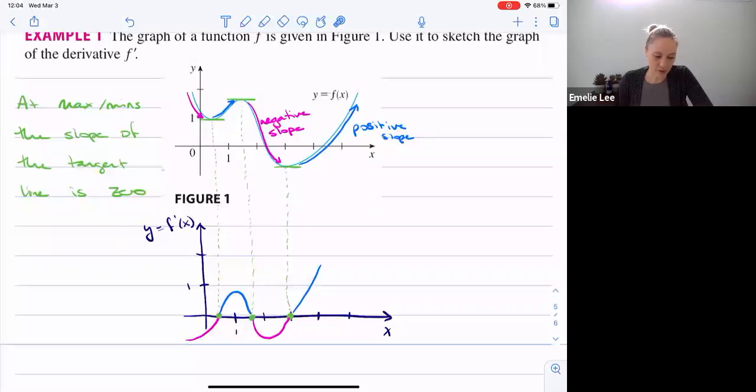Okay, there are a couple more things that we could do, right? We could try to translate the slope over the y-axis exactly to figure out where it crosses. We don't have enough information. It's not specific enough for us to do that. But in general, this is probably what this derivative would look like: right below the x-axis, crossing above, crossing below, crossing above.